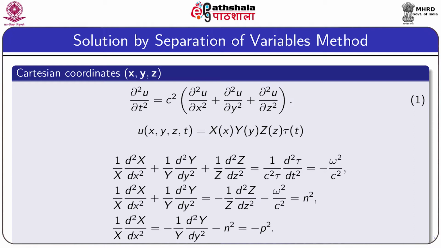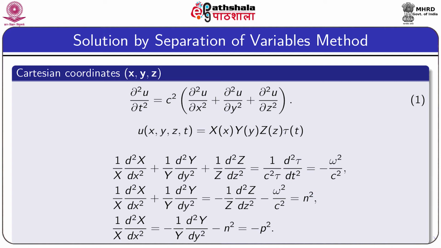So first of all, we are separating the function of t from the function of x, y and z. That is why we write the expression in t, tau, on the right hand side. Now to get a periodic solution, we are assuming the separation constant as a negative number. In this case, the value of the separation constant is minus omega square by c square.